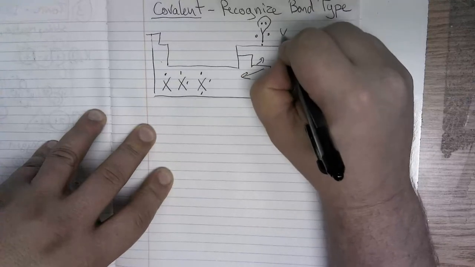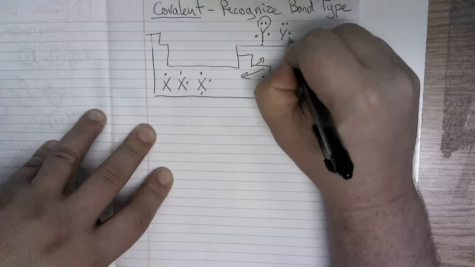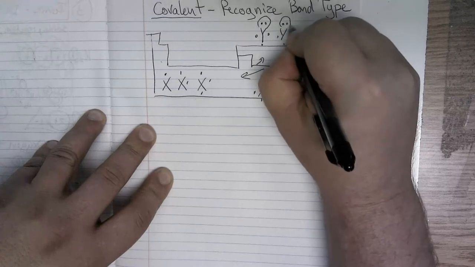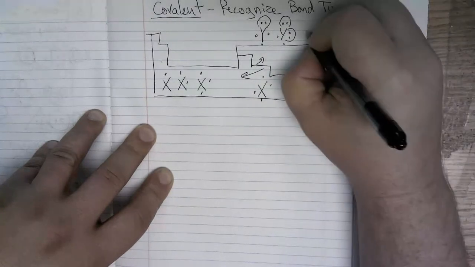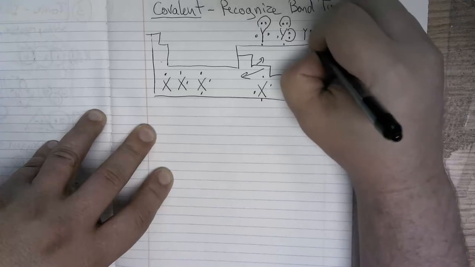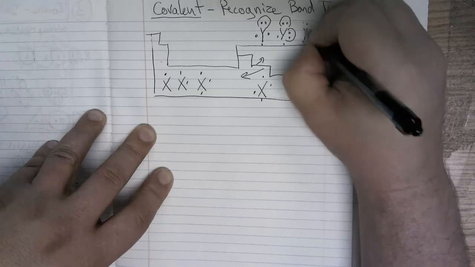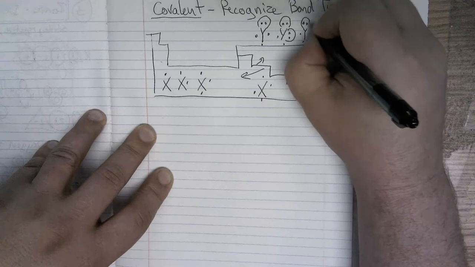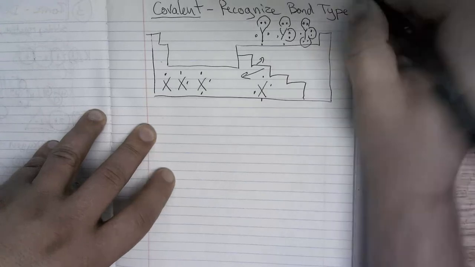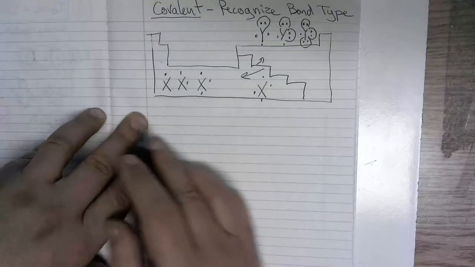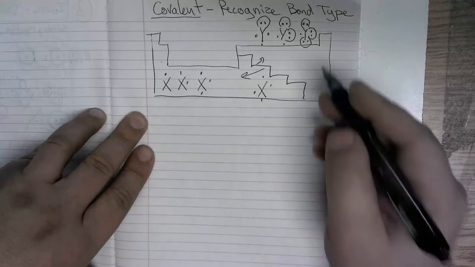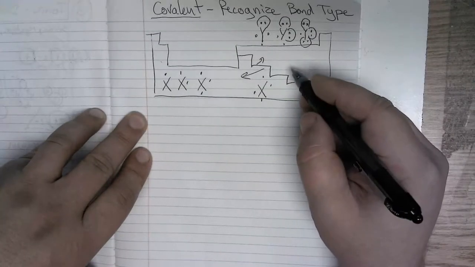And so you may have 6 dots with 2 pairs that have filled up, or 7 dots with 3 pairs that have filled up. So how do you know if a compound, if a substance you're given is going to be covalent?